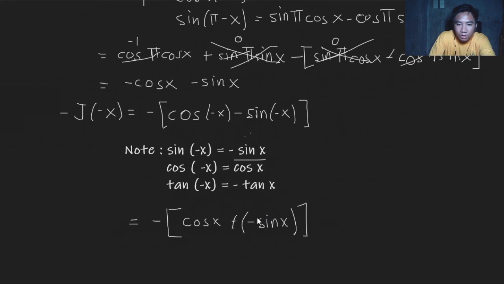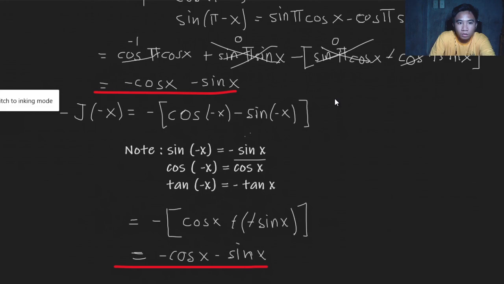So, ito, cancel, naging positive. So, negative cosine x, positive times negative, negative sine x. So, kung mapapansin natin, ito ay equal siya dito. No? And then, equal din siya dun sa taas.